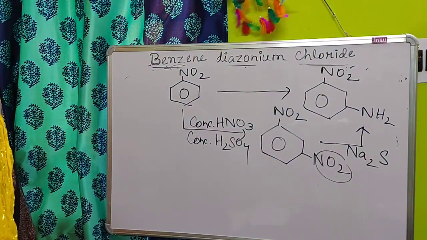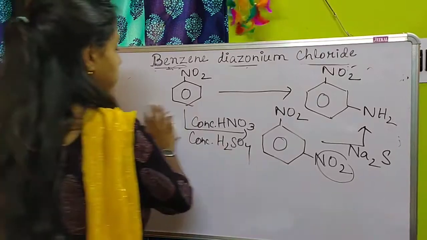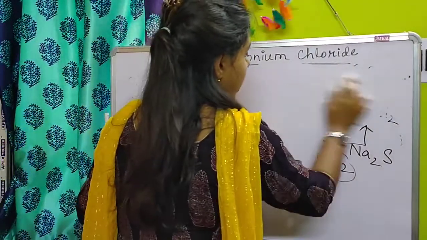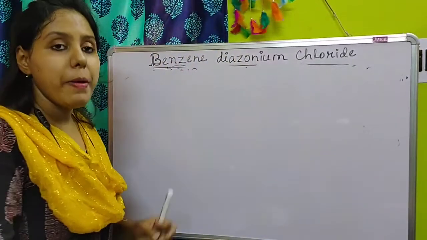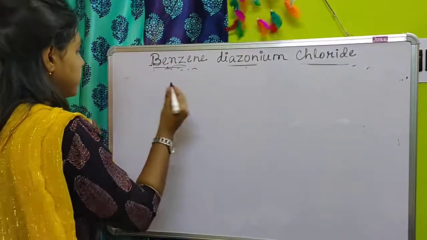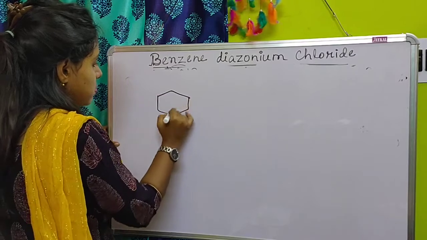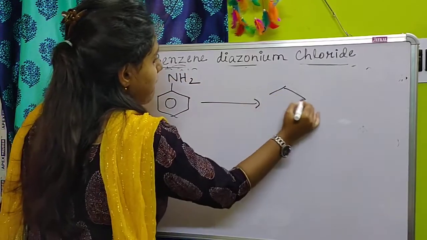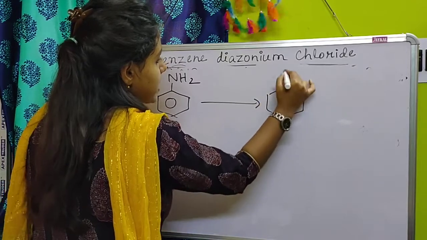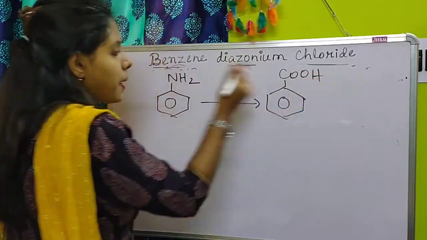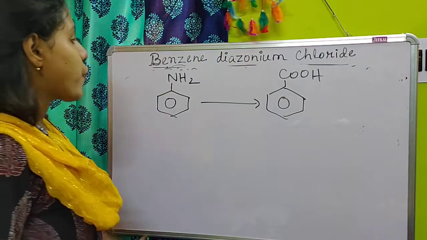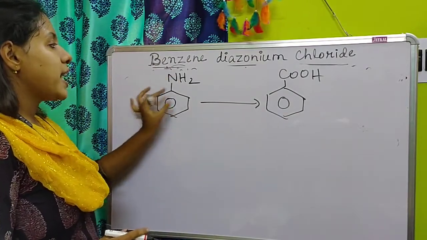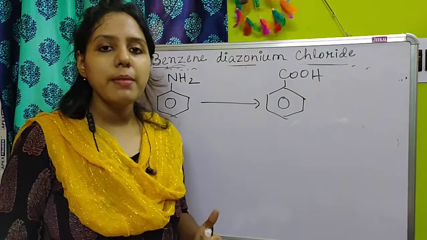Okay, next I am showing you aniline to benzoic acid. This compound you have to convert from here. So first of all, you need to change this NH2 group into diazonium chloride.